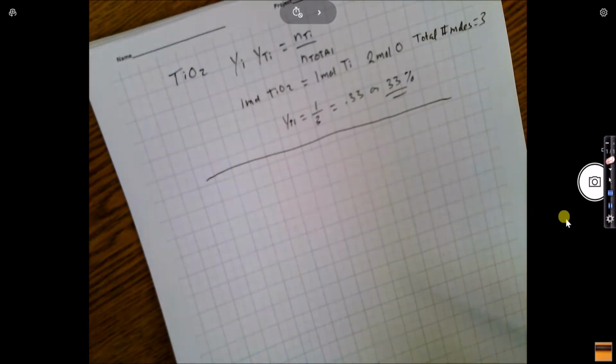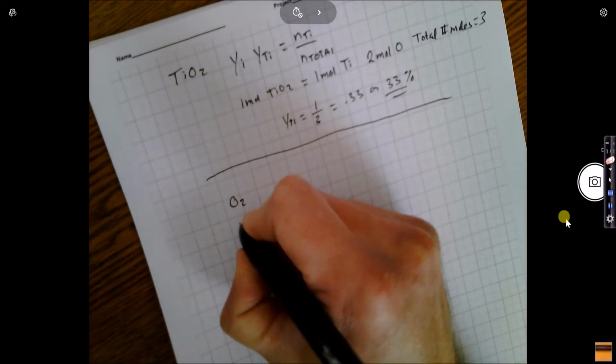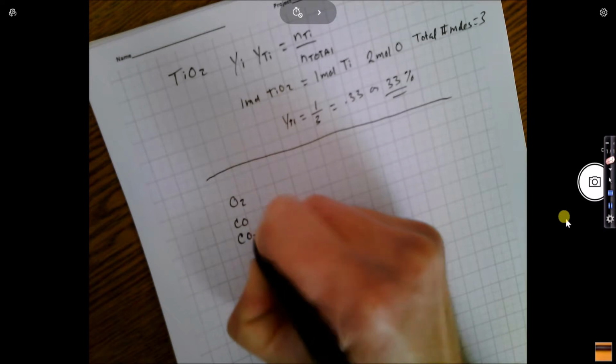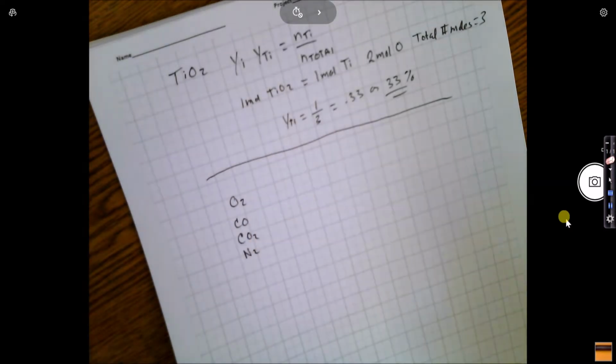In combustion gas, we probably get some O2, and we probably have some carbon monoxide. We probably have some carbon dioxide, and we potentially have some nitrogen.